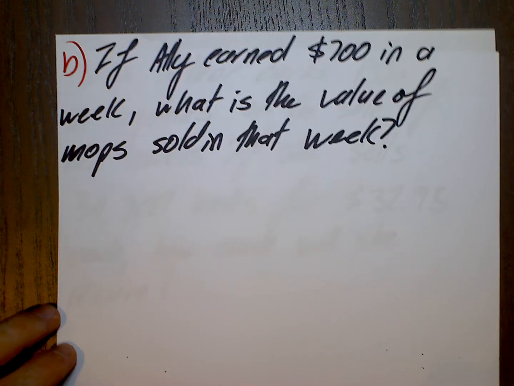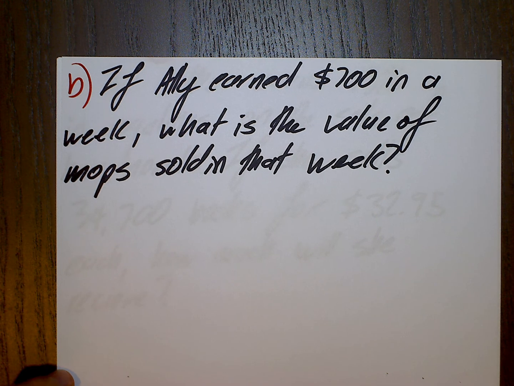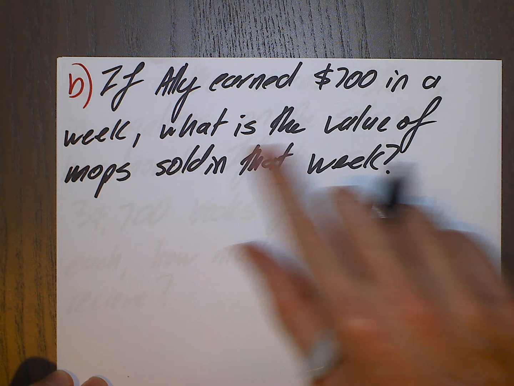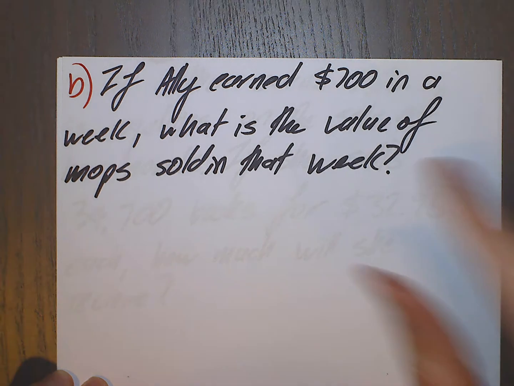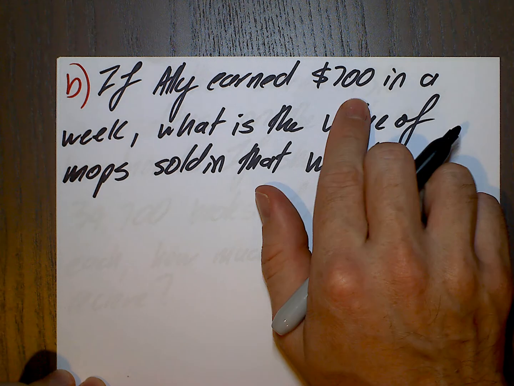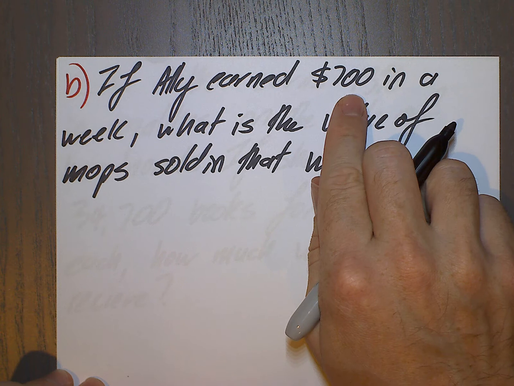Okay, this one is a little bit harder, and students tend to struggle with this a little bit more. If Ali earned $700 in a week, what was the value of the mops she sold in that week? Okay, so what we've got to do is, because she earns a retainer of $415 a week, we have to minus it from that amount.